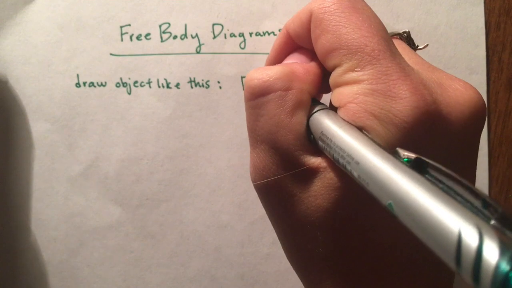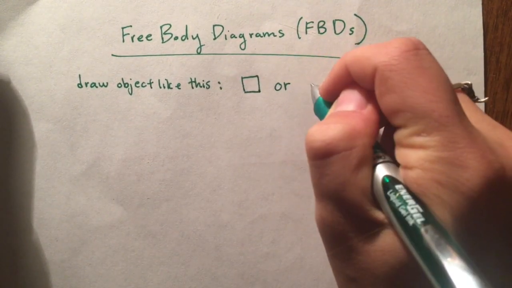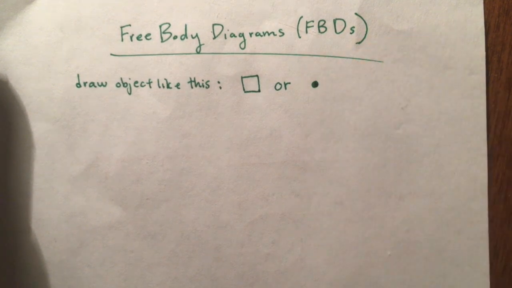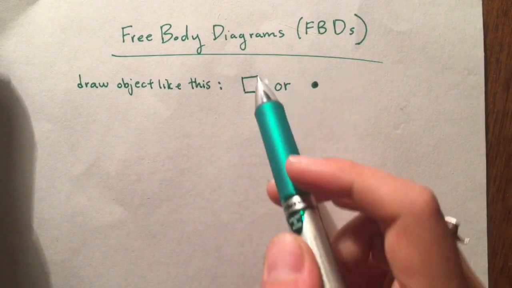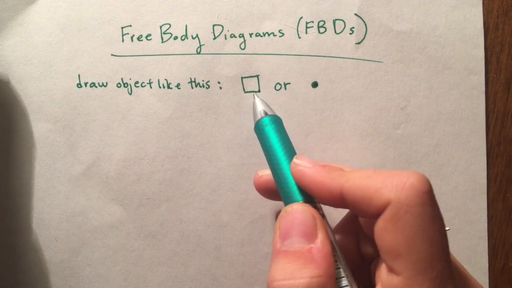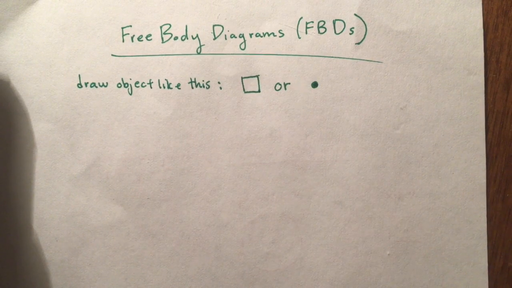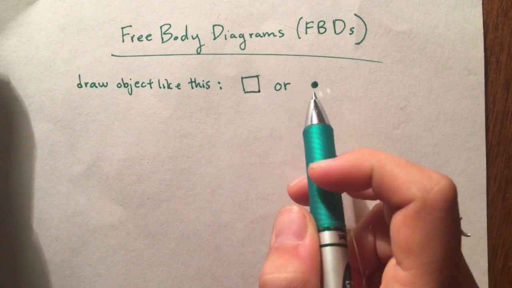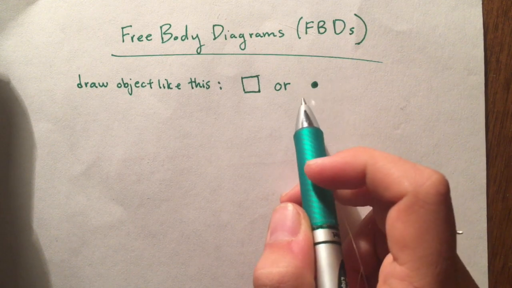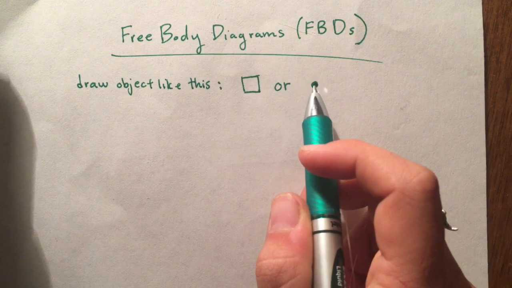You can draw a square, or you can draw a point. So whatever you're drawing a free body diagram for, you're going to draw that thing as either a square or a dot. Either one will work. So the dot works because remember we said the center of mass is like squishing the object to a point. So this point is kind of like the center of mass of an object.